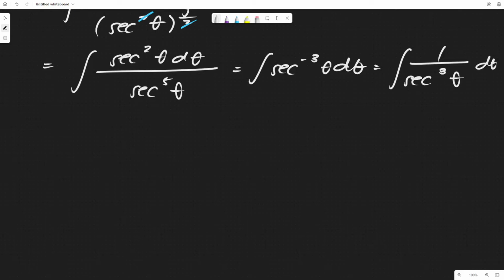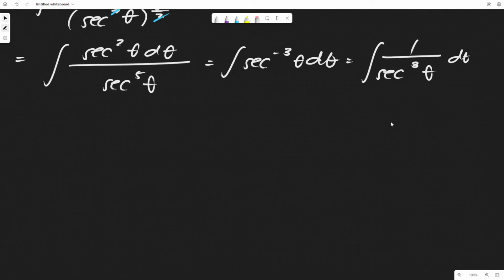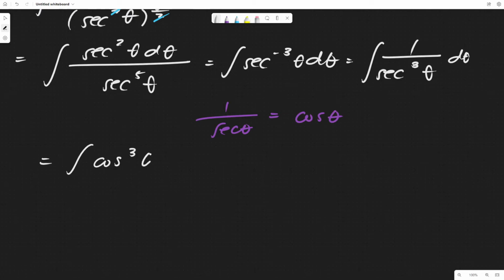And using our trigo identities, alam natin na ang 1 over secant theta is equivalent to cosine theta. So, pwede natin ipalit ngayon yun dito. So, our new integral is the integral of cosine cube theta d theta.